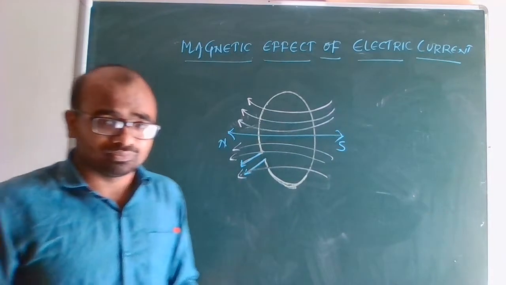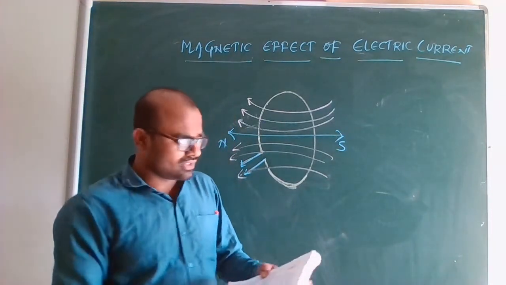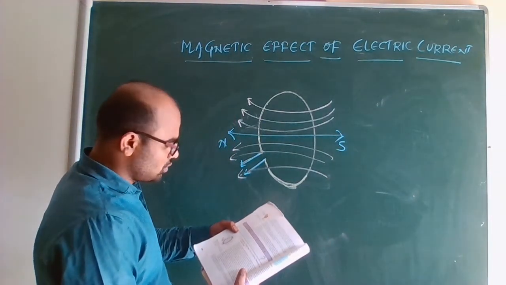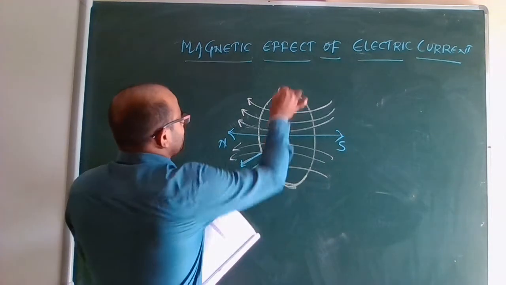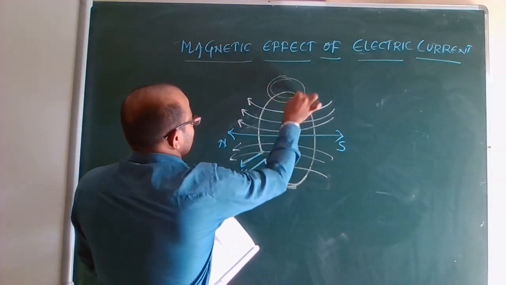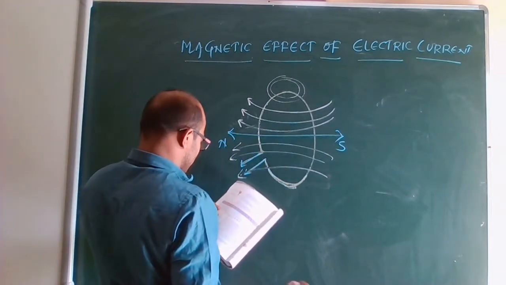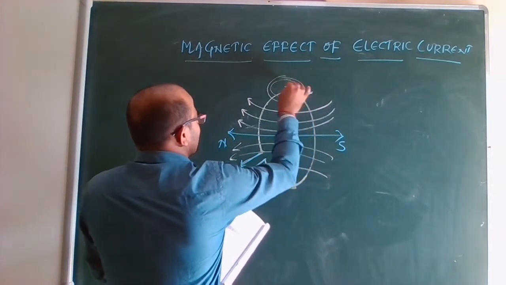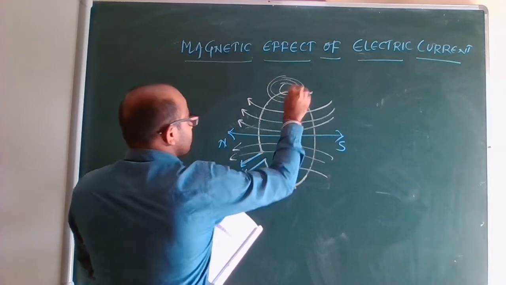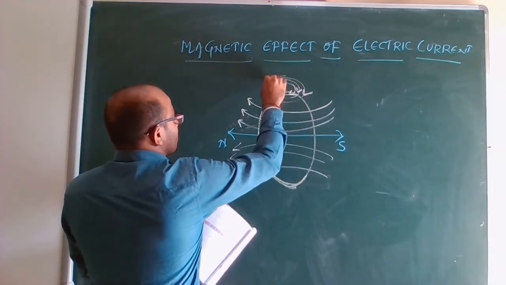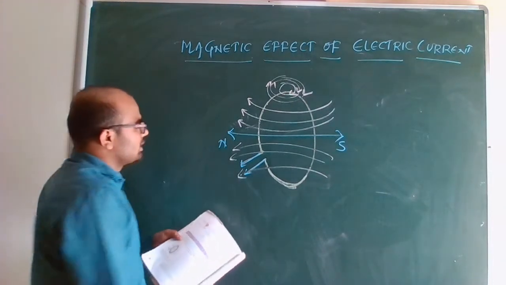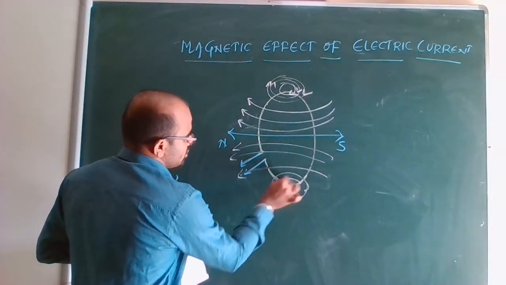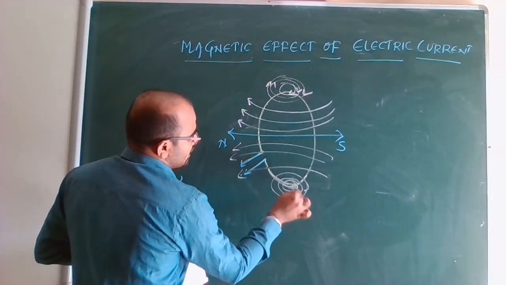Okay, so you can clearly observe this is the magnetic field due to a current through a circular loop. You can see the circular loop here. So they are in this direction. How are they directed? Clockwise. But here they are in reverse direction, anti-clockwise.